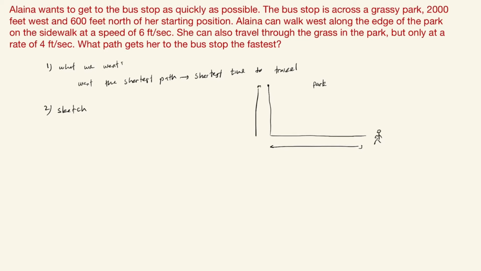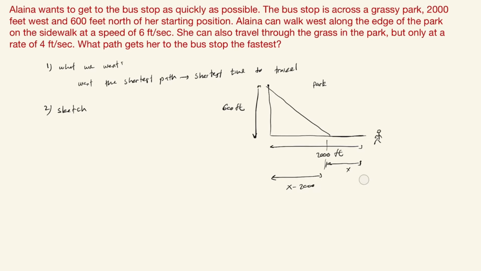The bottom distance is the west distance, so that's 2,000 feet, and the north distance is 600 feet. Our destination is the bus stop, and if she wants to move across the park, she will take x distance and then travel through the park.